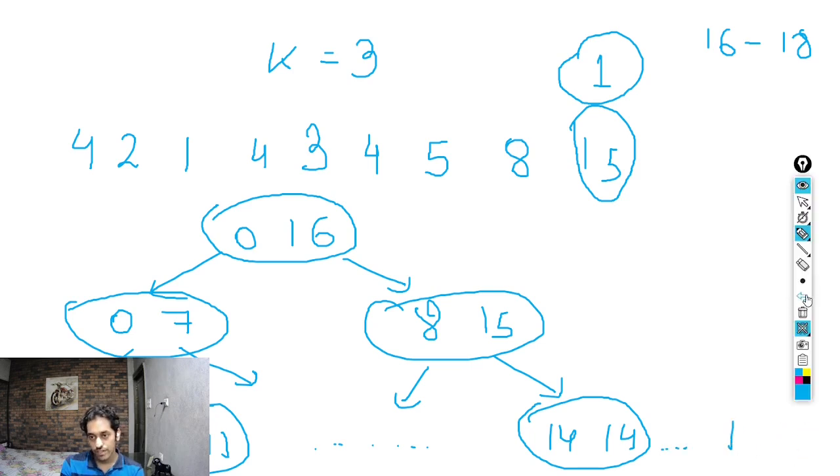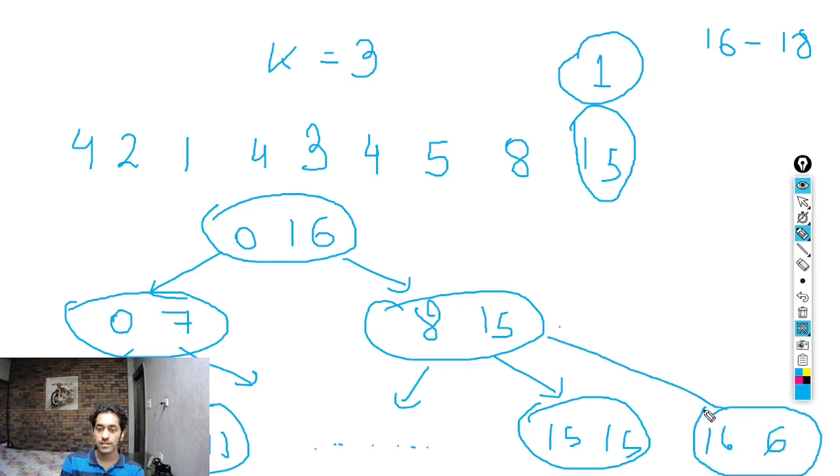But let me show for 15, 15. This is 15, 15. This is 16, 16. Right here, after creating this initial segment tree before we start traversing, we see that 15, 15.